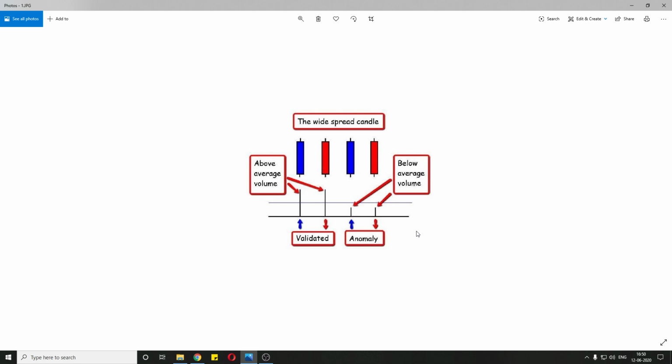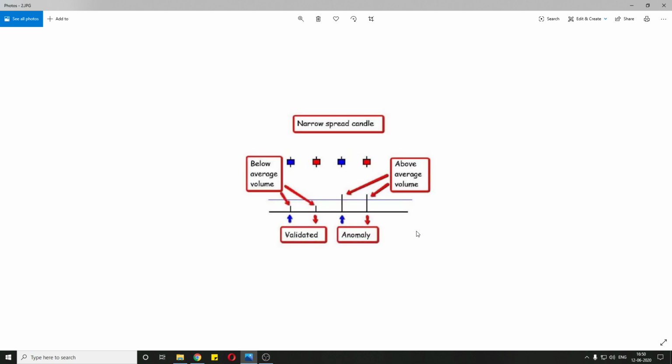In this first example, we see that the candles having widespread should be having above average volume so that they are validated, but the candles having big spread with below average volume are an anomaly. That means that there is something wrong.